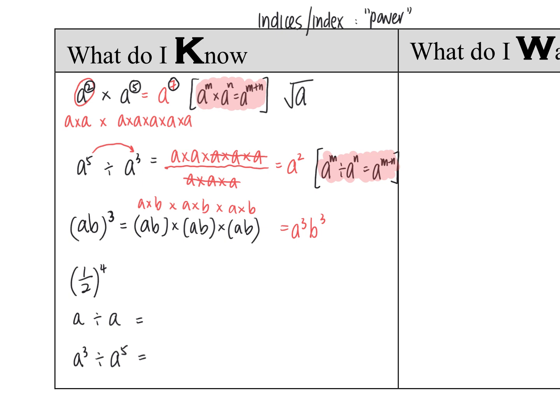I never write the times in between because it is understood that this means A cube times B cube. So mathematically you don't have to write the multiply there. So this is the other rule that we have: if you raise this to power n, both of them should get the same power n. So that's rule number 3.